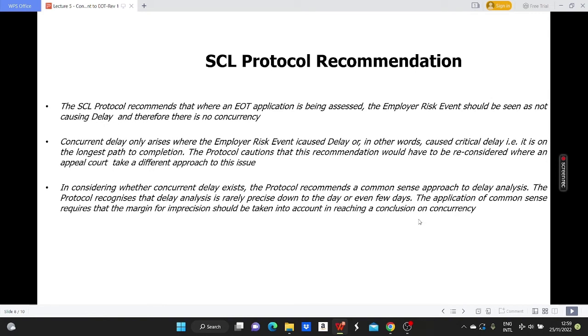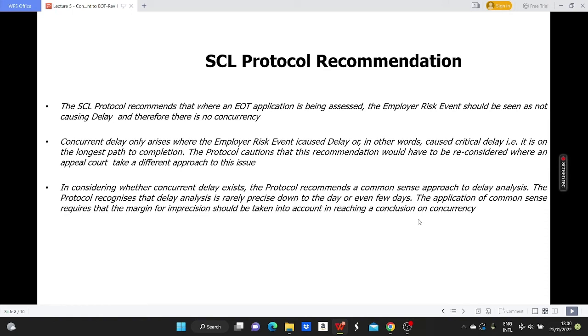Concurrent delay only arises where the employer risk event is shown to have caused delay to completion, or, in other words, caused critical delay, that is, it is on the longest path to completion. The protocol cautions that this recommendation would have to be reconsidered were an appeal court to take a different approach to this issue.